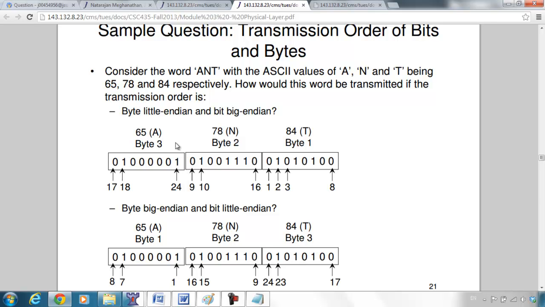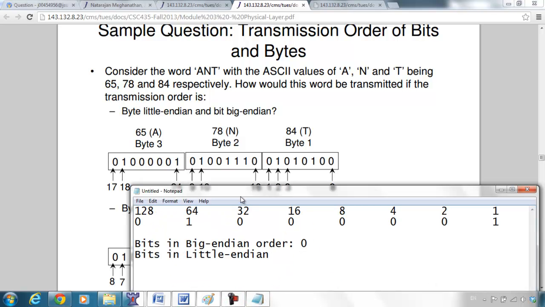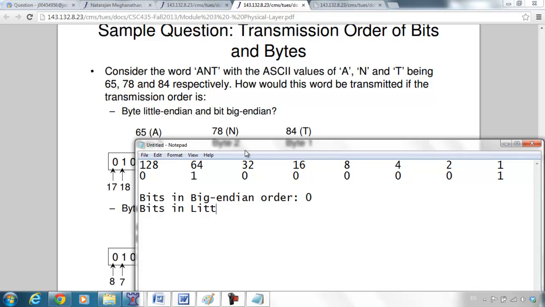If you want to transmit the characters or the bytes, each character can be assumed as a byte here. In big endian transmission, if you want to send A, N, and T, you send A first.